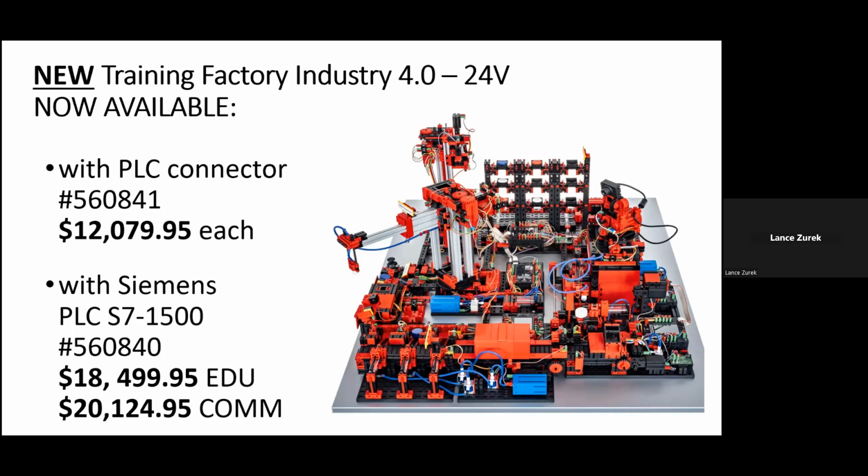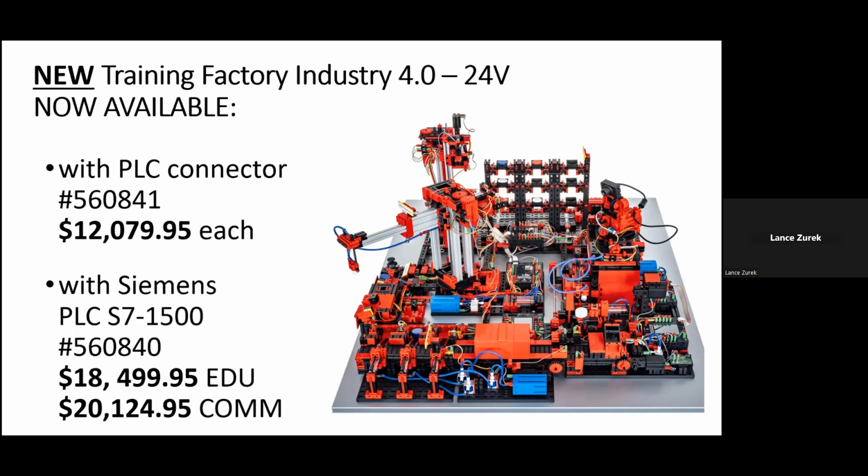$12,079.95. Also, if you need a variation that includes that connector board, that wiring, and the Siemens PLC, the S7-1500. So essentially, this is as close to getting everything you need as you're going to have available. So this, again, includes the model, the wiring, the connector board, the Siemens PLC, the program. You're going to have your 24-volt power supply with that.